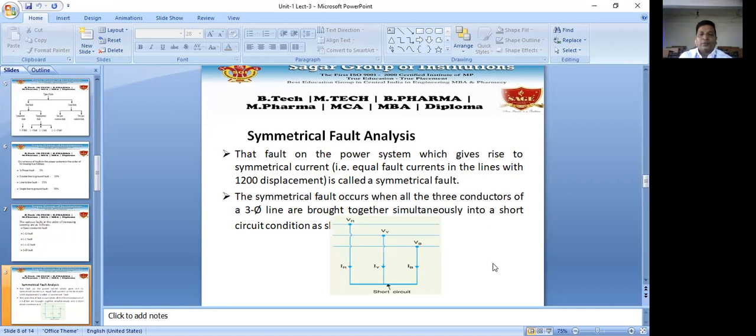Lines VR, VY, and VB are the three-phase lines with currents IR, IY, and IB. All three phases are shorted, so this fault is called a symmetrical fault.